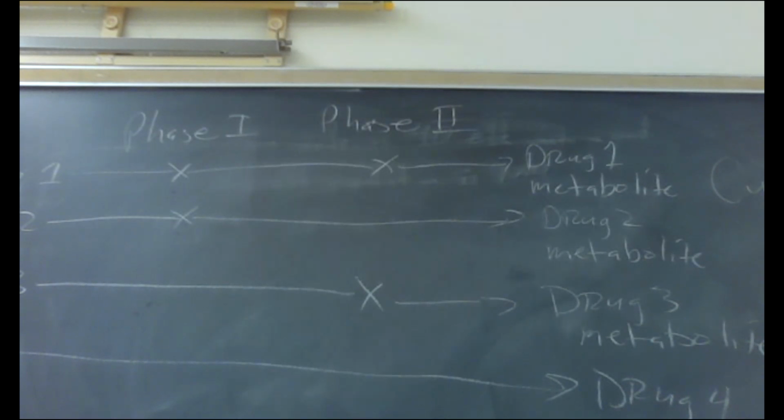Now, fluoxetine is unusual because it's converted into a metabolite, and the metabolite actually has some activity. If you look it up, what is it? 3A4. Yes, it's converted into norfluoxetine.